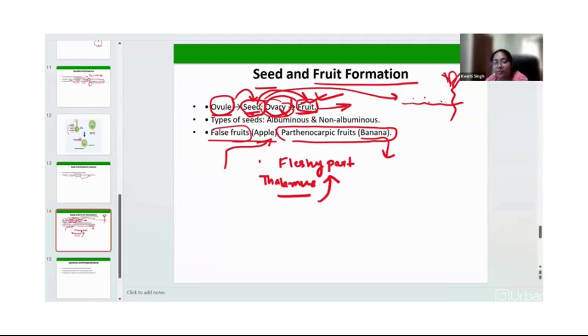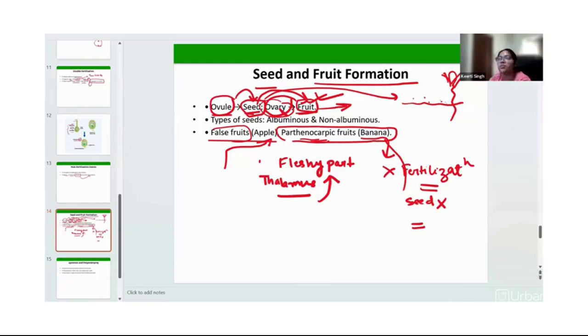We eat the fleshy part, but the seed is inside the fruit. So parthenocarpy is a process where the development of fruit takes place without fertilization. It means there is no fertilization, so the fruit that is developed is a sterile fruit. It will not have seeds.